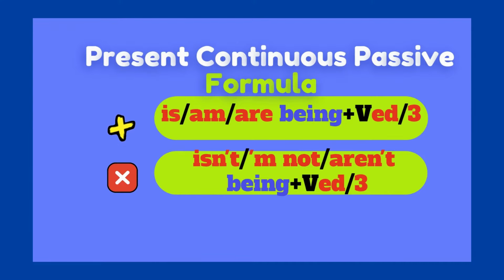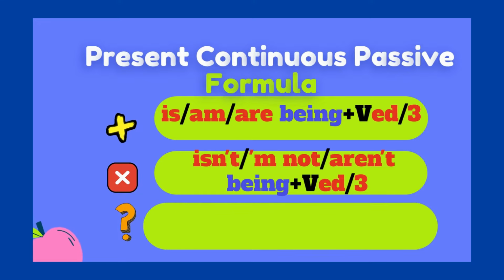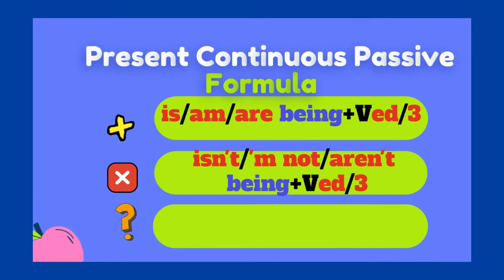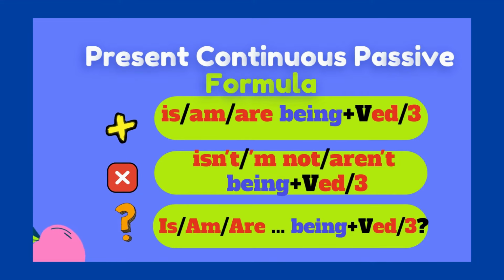In negative sentences we use isn't, am not, aren't, then being, plus the verb with the ending ed or the third form of irregular verbs. In interrogative sentences, questions: is, am, are, then subject, then being, plus the verb with the ending ed or the third form of irregular verbs.